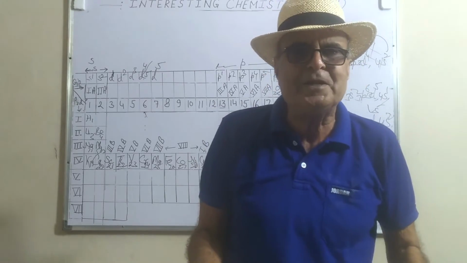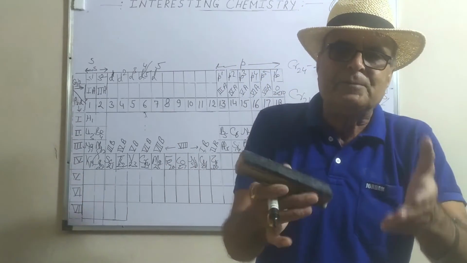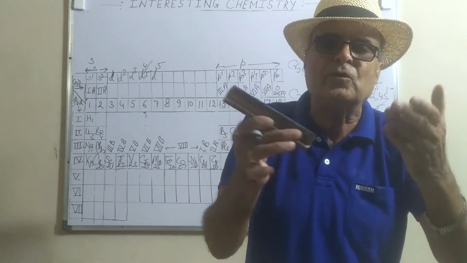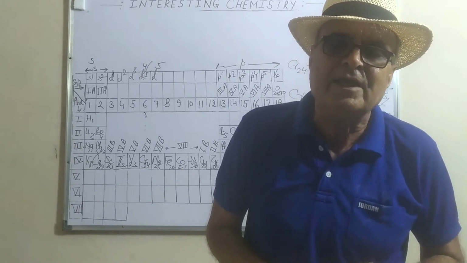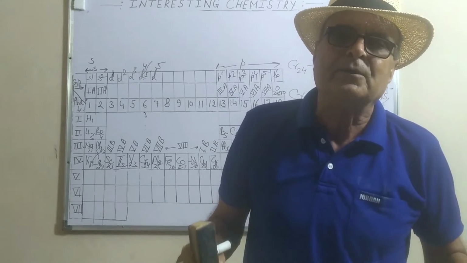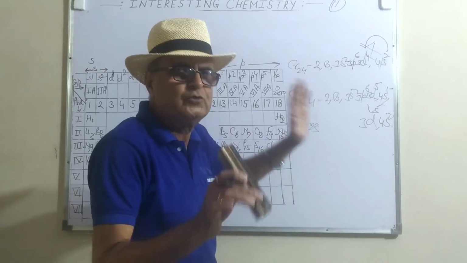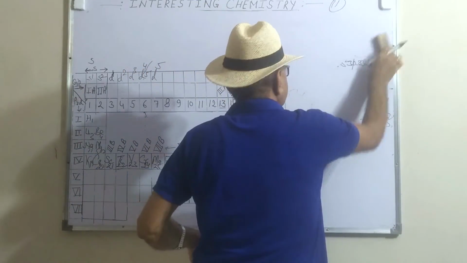I also explained the cause behind the stability, why the stability of half-filled or full-filled orbitals increases compared to other incompletely filled orbitals. So please watch my previous video. I have explained this to you.